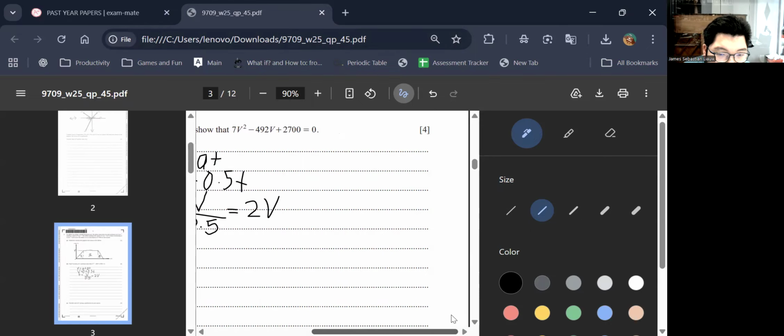And then for the second part, again using v equals u plus at. Well, your final speed is 0, your initial speed is V. Your acceleration is minus 0.2 times your time t.